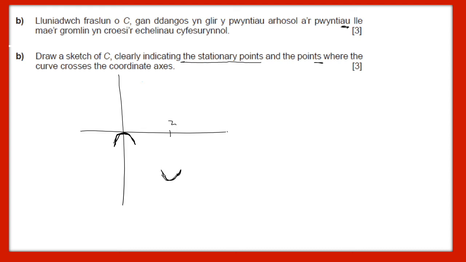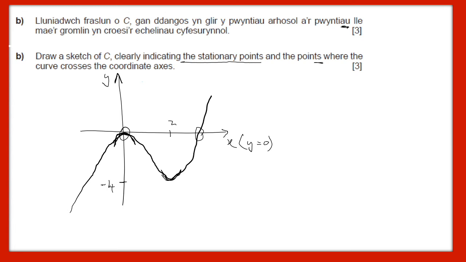And the only way that's going to work is if it cuts the axis one more time. So I need to know this point here. Now clearly this is my trusty x-axis, and we know that the trusty x-axis is the line y equals 0. So therefore I need to find the root.